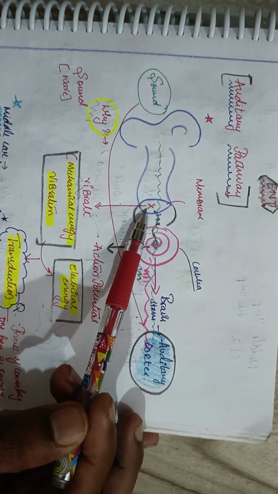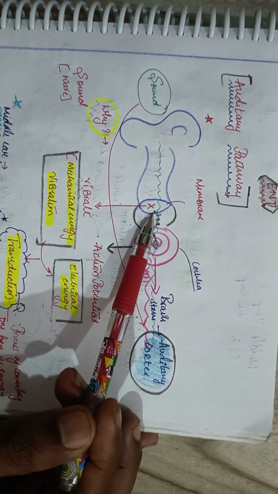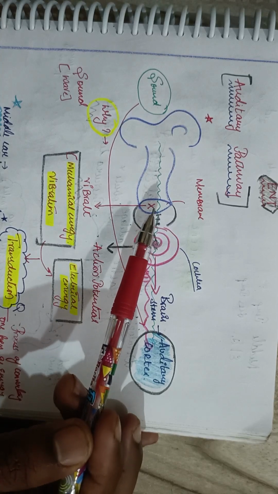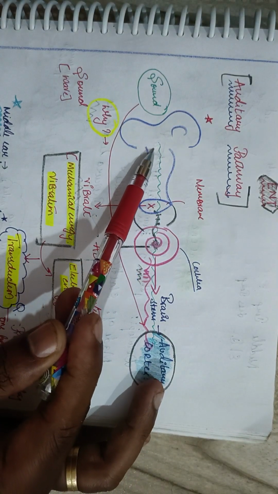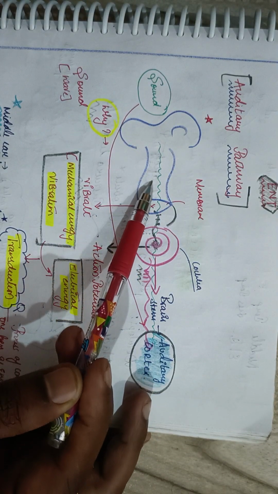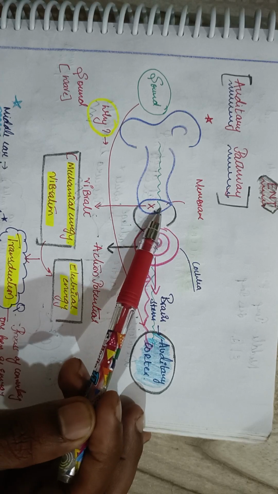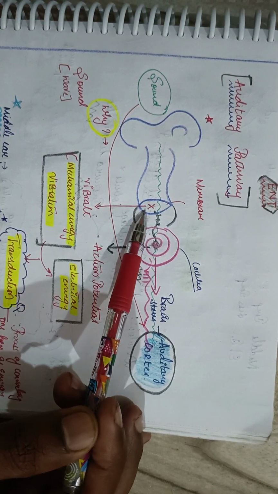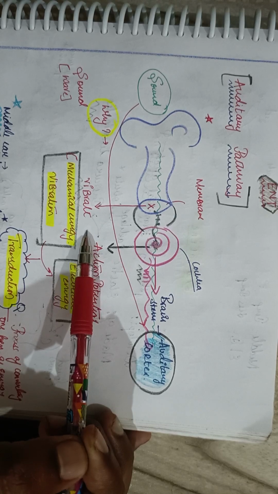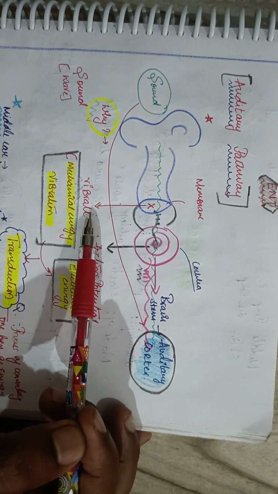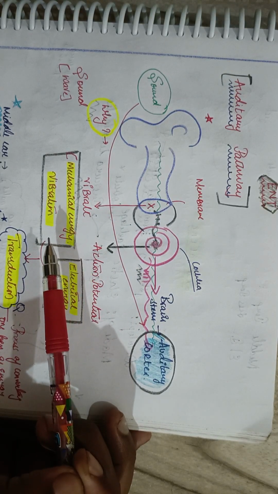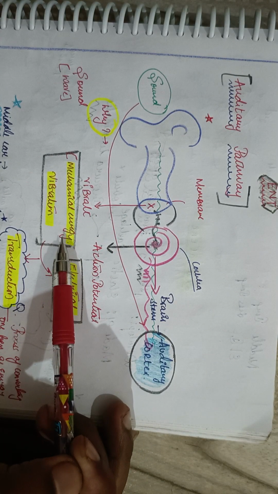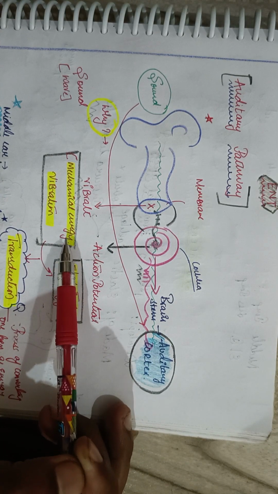This is the tympanic membrane, or myringus. The sound waves hit the tympanic membrane, and this tympanic membrane vibrates.